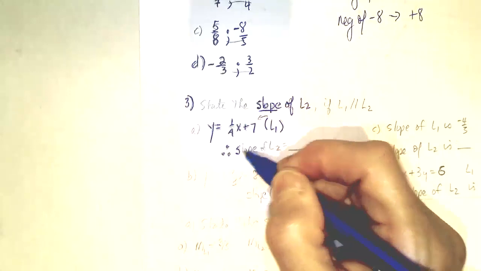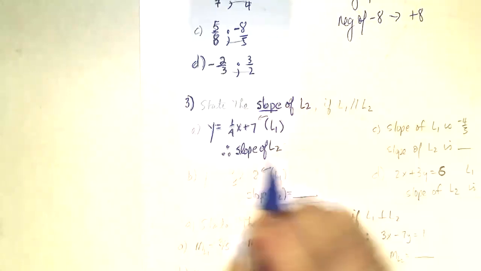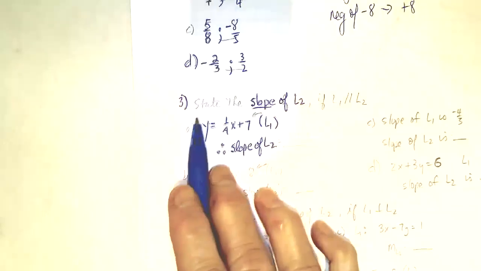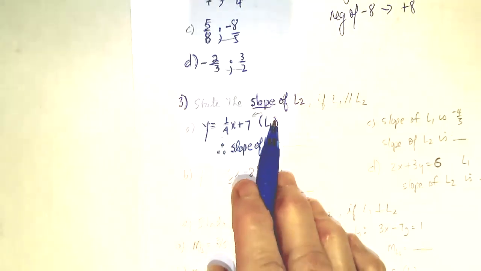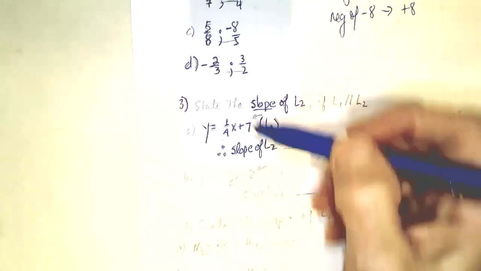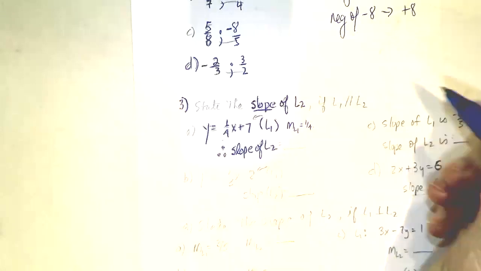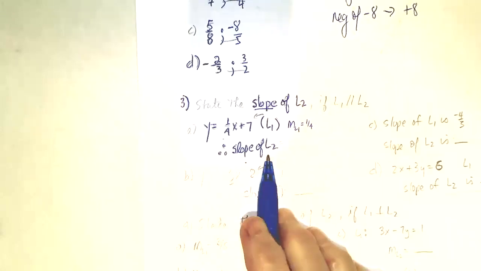Okay, so if I give you the equation, and I say I've graphed a line, and I know that it has a slope, when you look at this equation, you say, well, I know the slope of L1. The slope of L1, because I know the trick, is simply 1/4. Great. So what would L2's slope be?